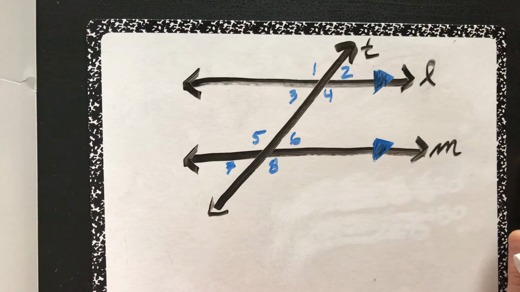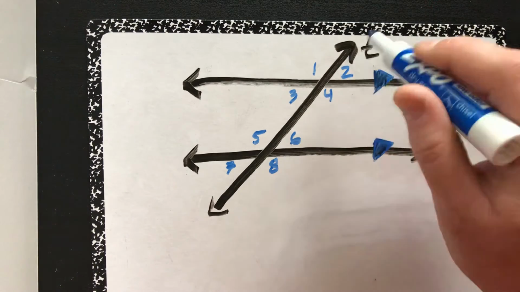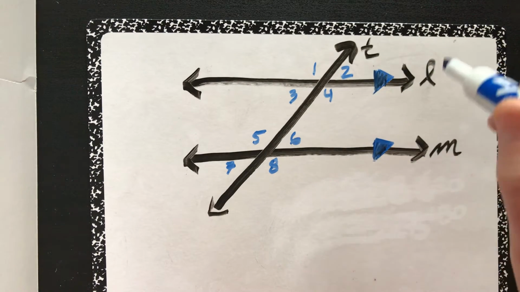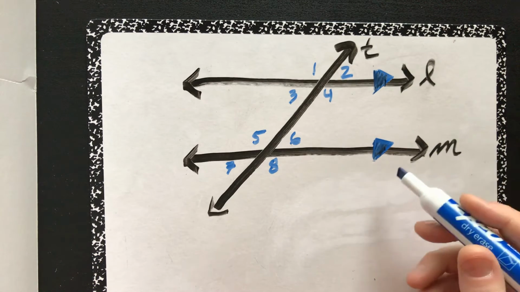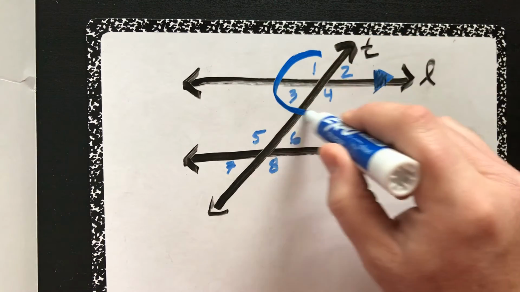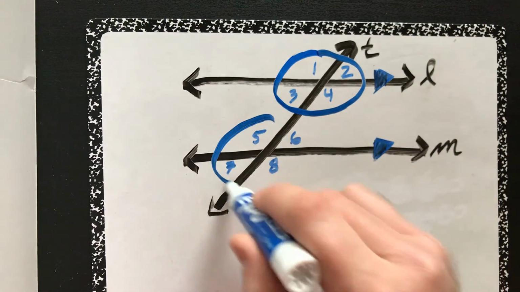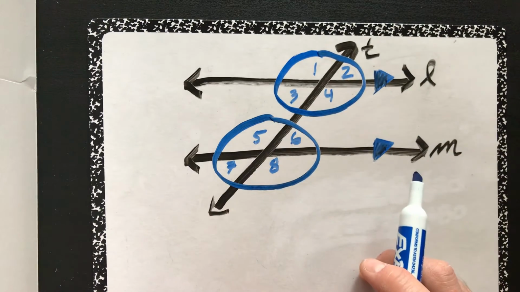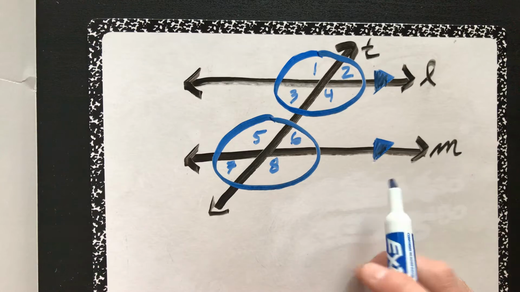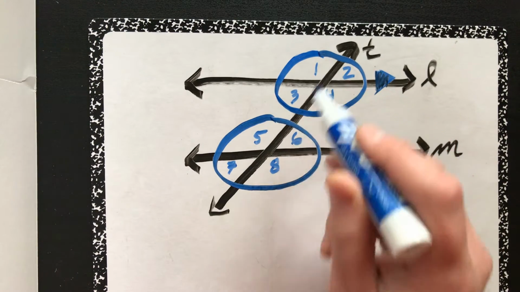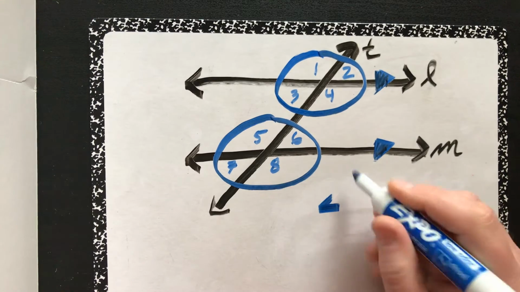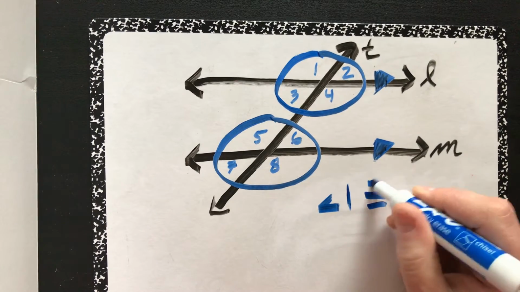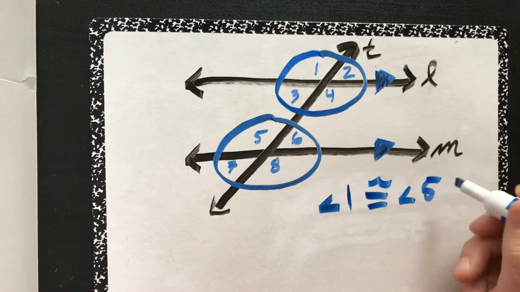And then finally, we have our corresponding angles theorem. And that says if a transversal intersects two parallel lines, then our corresponding angles are congruent. And remember, with our corresponding angles, we have to group these into two sets of 4. And they have the same position. Top left is angle 1, top left down here is angle 5. So angle 1 would be congruent to angle 5.